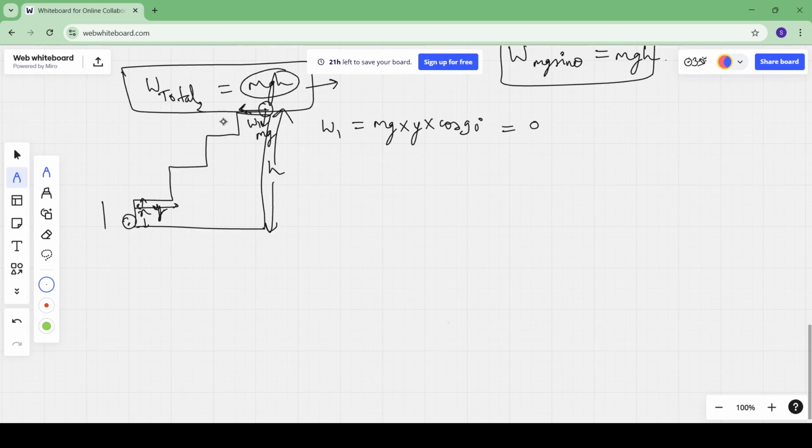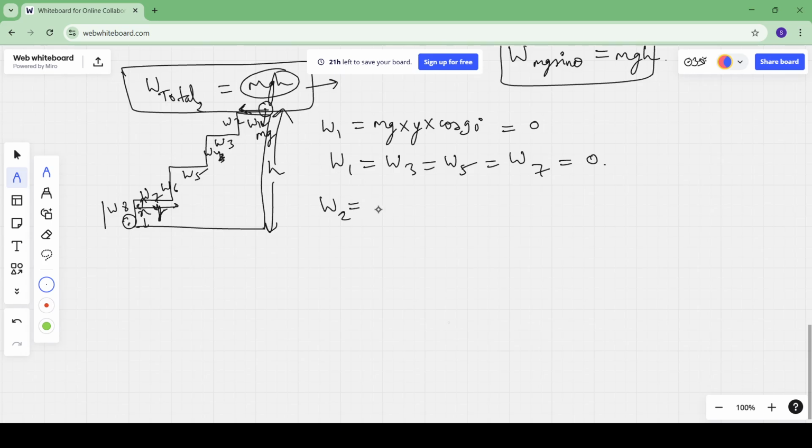So if this is W1, this is W2, W3, W4, W5, W6, W7, W8, you can see that W1, W3, W5, W7 will all be 0, because cos of 90 is there. Because the angle between the displacement and the force in that case is 90 degrees, the result will be 0.